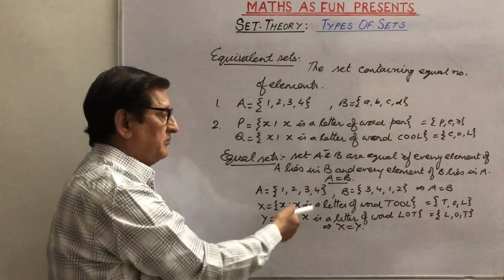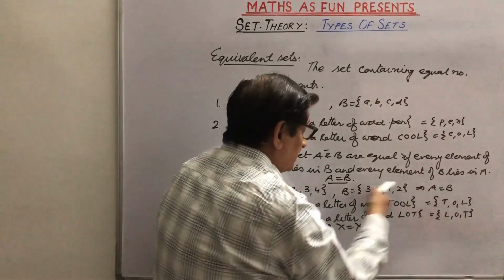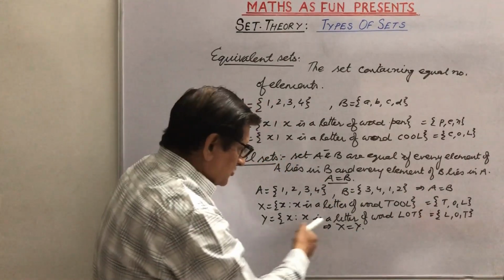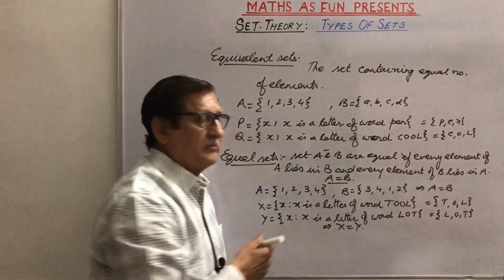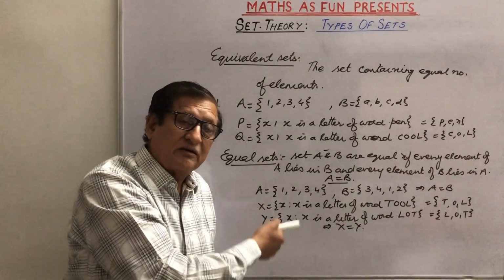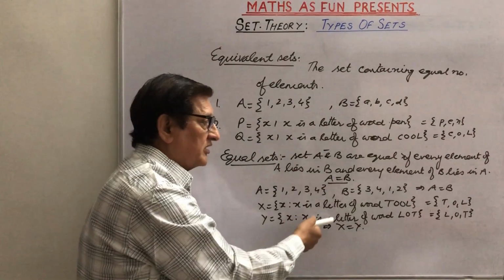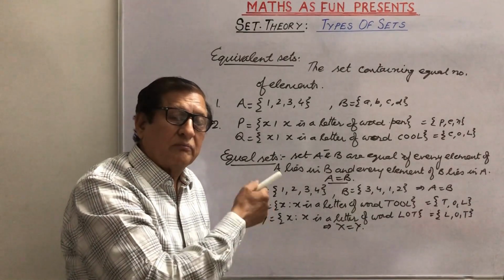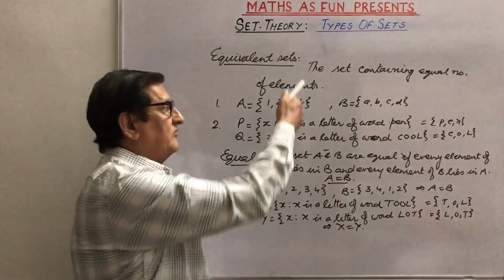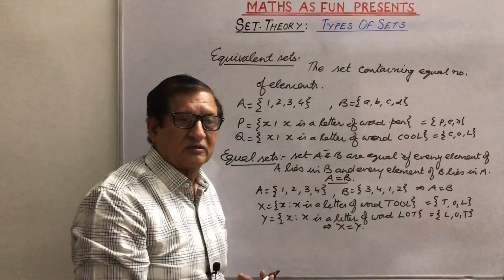From these two you can make out very well. These two sets which are equal, they are also having equal number of elements. So can we say that they are equivalent? Yes, all equal sets are equivalent because they contain equal number of elements. But can we say that these equivalent sets are also equal? Not necessary.